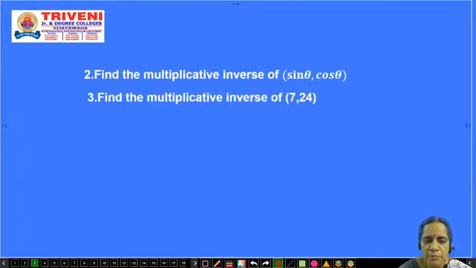Okay, then the next problem is to find the multiplicative inverse of (7, 24). (7, 24) can be taken as z is equal to 7 plus 24i.